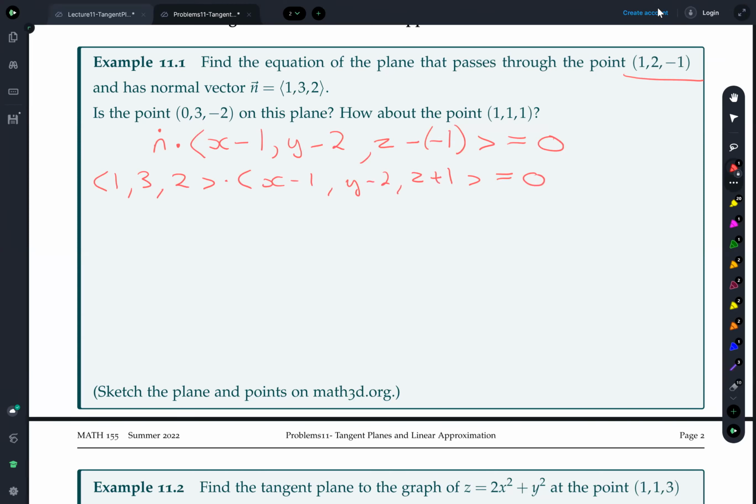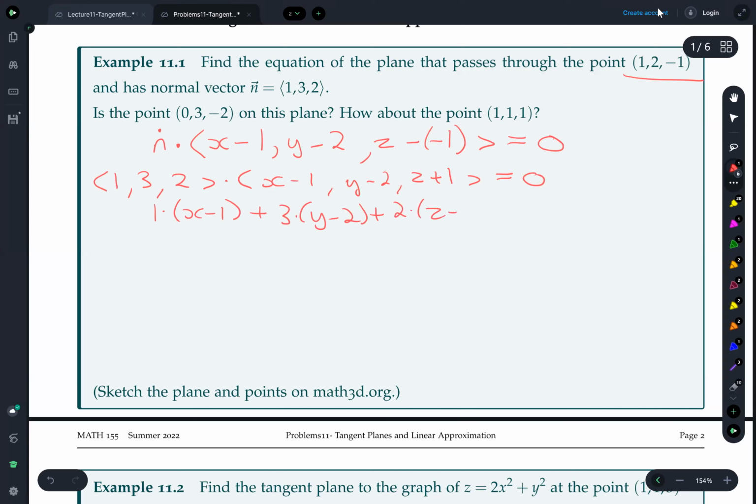Yep, okay, great. We take the components from one vector, multiply them by the corresponding components of the other vector, and then add those together. So in this case, we have 1 times (x - 1) plus 3 times (y - 2) plus 2 times (z + 1) is equal to 0.